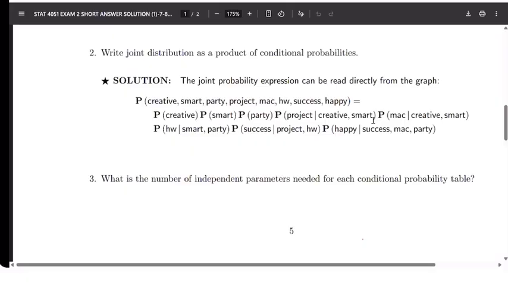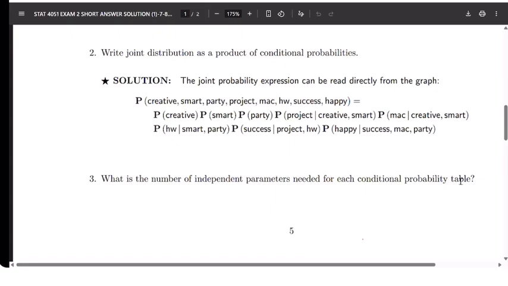This is having you write the probability of the joint occurrence, which is what I've done here. Can you see that? Now the question is: what is the number of independent parameters needed for each conditional probability table?